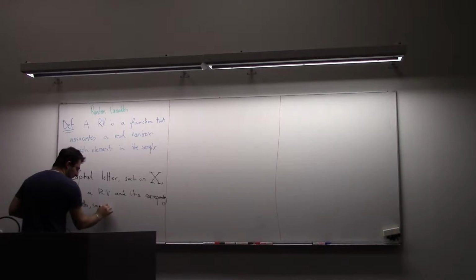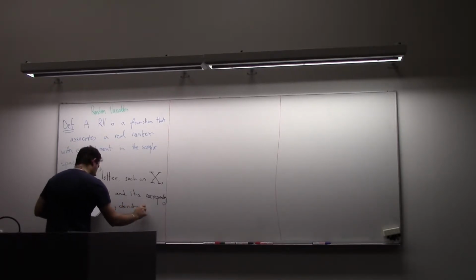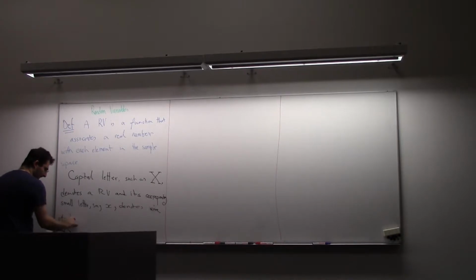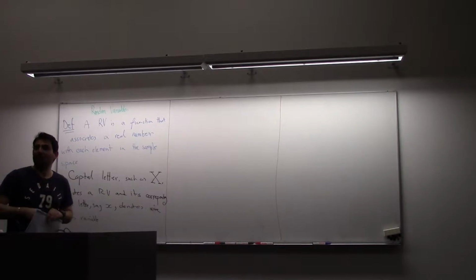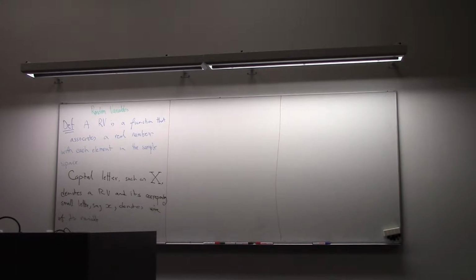say lowercase x, denotes one of its values. So capital X can be, let's say, having head in tossing a coin, and lowercase x equal to 1 means that we have one head.